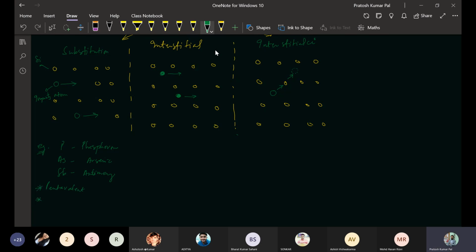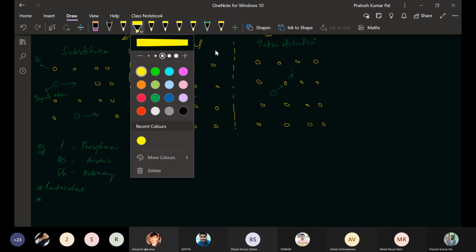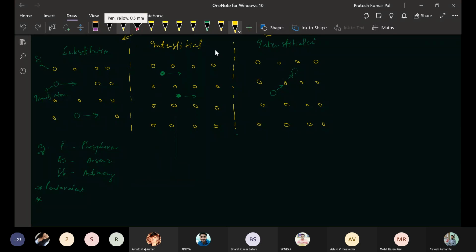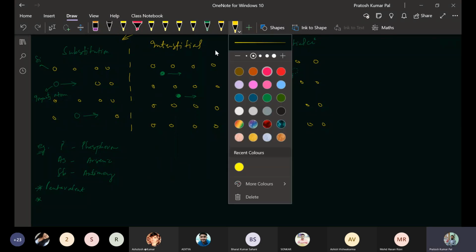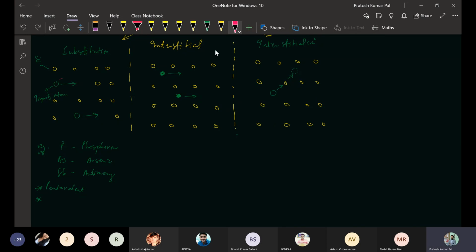If it is pentavalent, once it replaces the silicon, there will be some extra electron with respect to this. Because it is pentavalent, four outer electrons will be forming a bond with the adjacent silicon atom. One extra electron will be available.